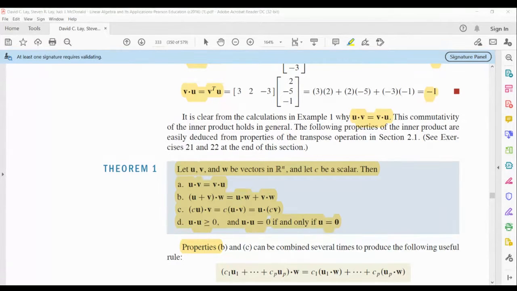And property D, a dot product with itself, is always going to be greater than or equal to 0. Okay, are there any questions on theorem 1 on these properties? Okay, well, let's keep going.